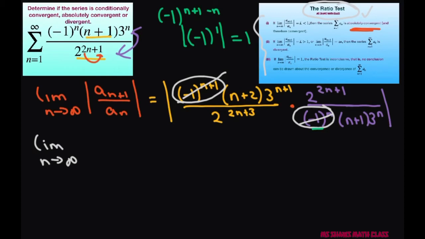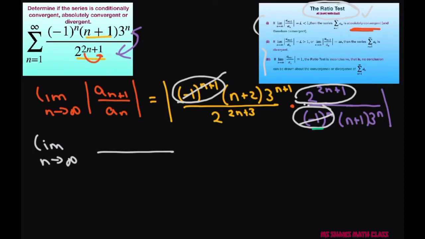Now, let's look at our 2's. I'm going to go ahead and put a line here. Let's look at our 2's here. We have 2 to the power of 2n plus 1. So this is 2 times 2 to the power of 2n.